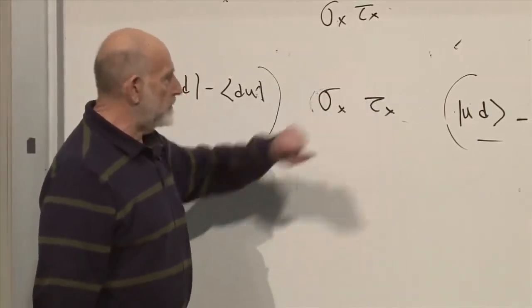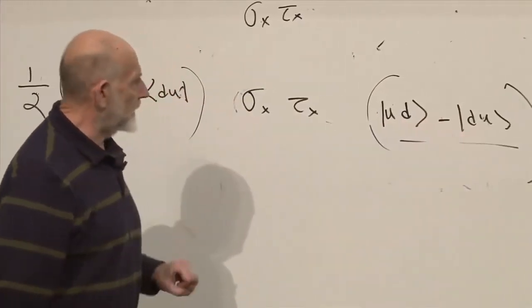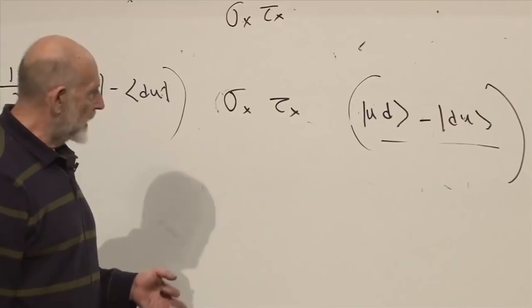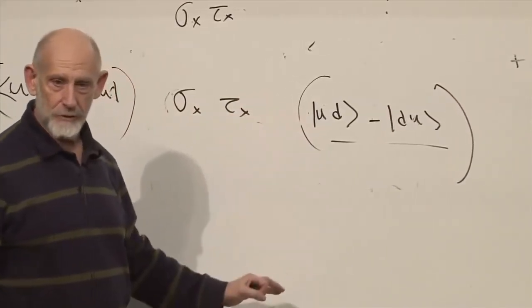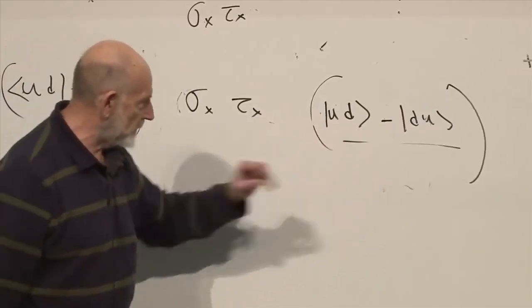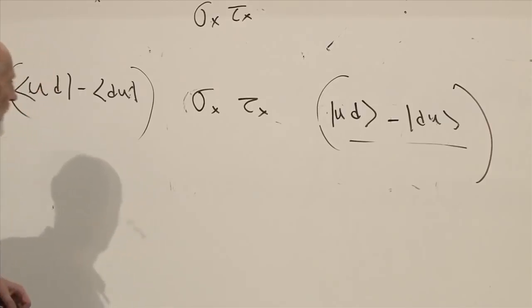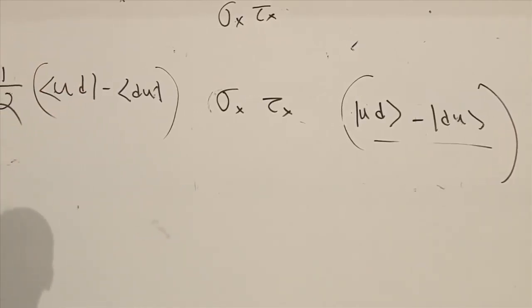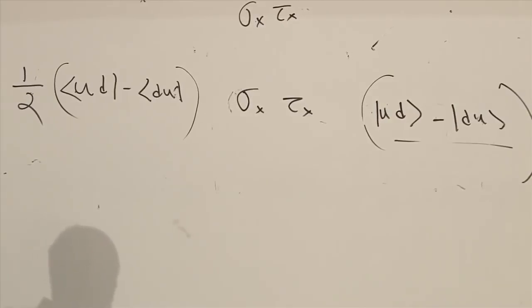Tau x flips the second entry, sigma x flips the first entry. All right, so this object here simply flips both entries without changing any signs. It flips no entry at all. What did I say? Yeah. So what does it do?